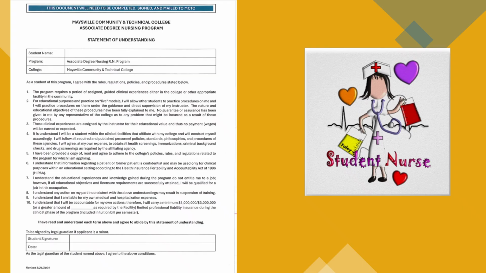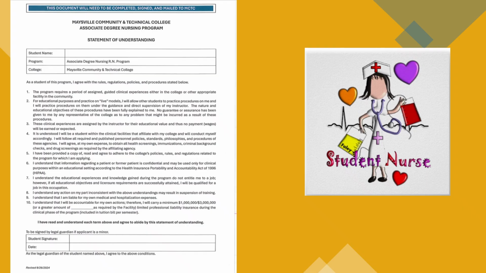The program requires a period of assigned guided clinical experiences, either at the college or other appropriate facility in the community. For educational purposes and practice on live models, I will allow other students to practice procedures on me, and I will practice procedures on them under the guidance and direct supervision of my instructor. The nature and educational objectives of these procedures have been fully explained to me.